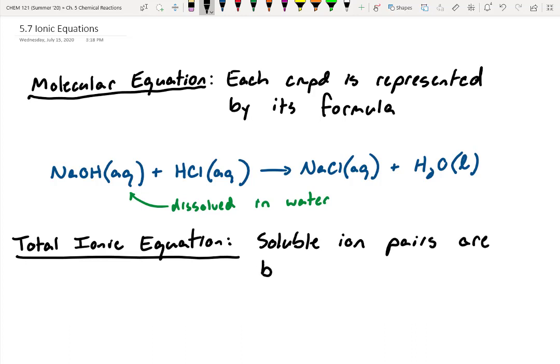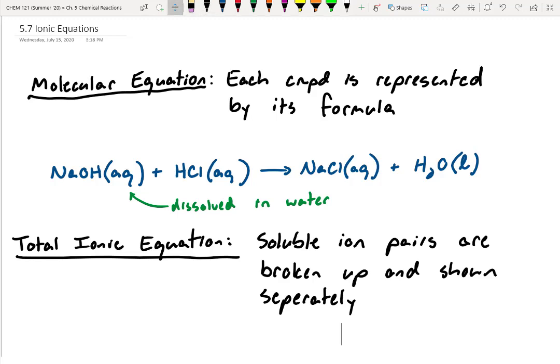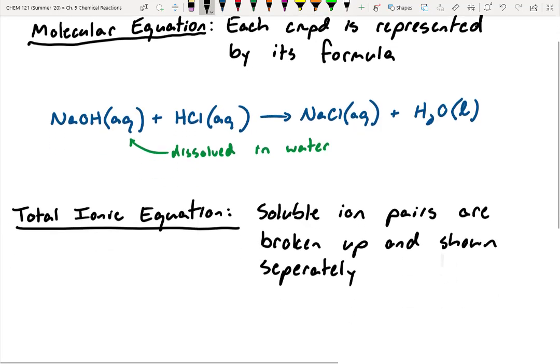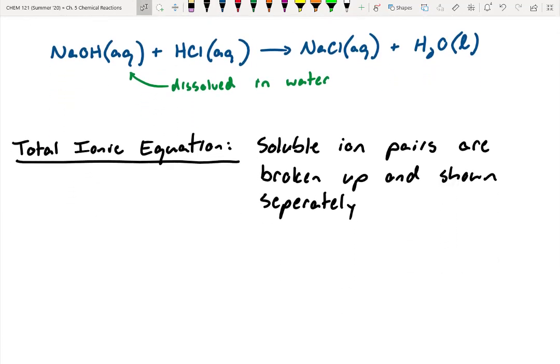So let's get a little bit of space here so we've got some room to separate all these out. Let's imagine the top reaction, and we're going to break it down one by one.